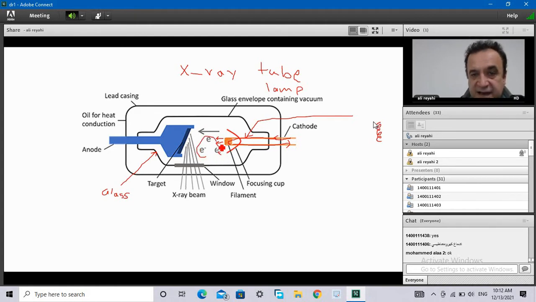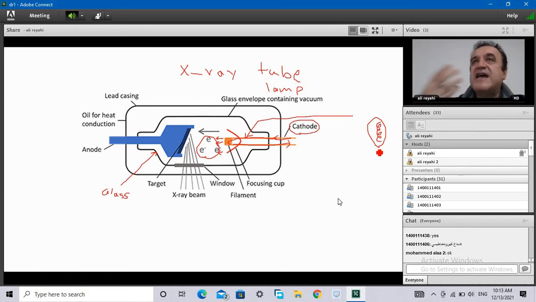Now we have electrons. This part of the X-ray tube is named the cathode. So if I ask you what a cathode is, you answer that the cathode is the part of the X-ray tube which produces electrons. How does it produce them? With a filament, a spring made of a heavy metal.